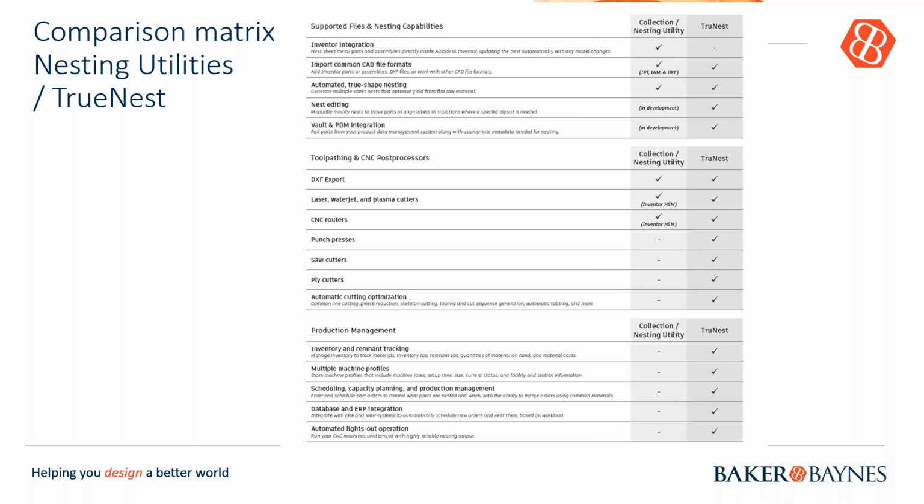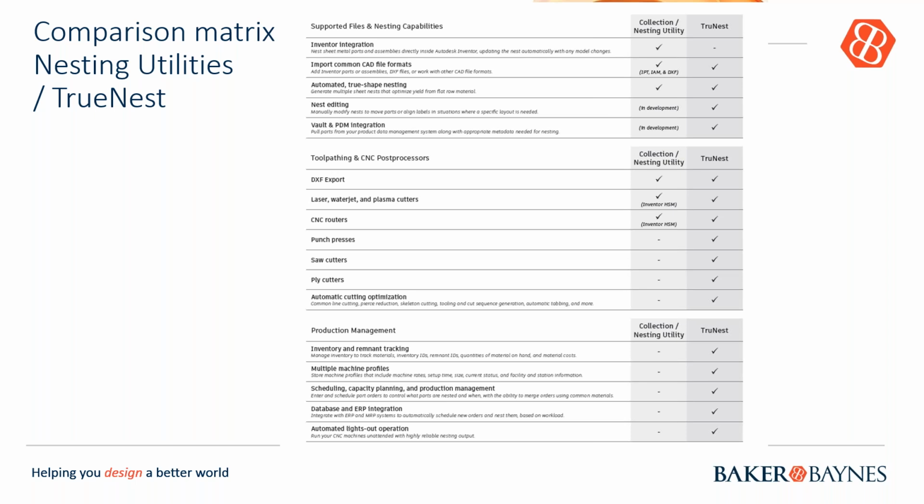And if we look at the toolpath and CNC processing, DXF export is available in the collection for the nesting, as well as TrueNest. And we find that waterjet, laser cutting and plasma cutters are available for Inventor HSM in the Inventor nesting utilities, as well as being available in TrueNest directly.